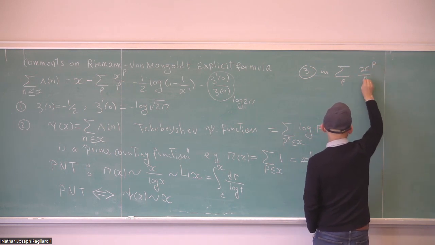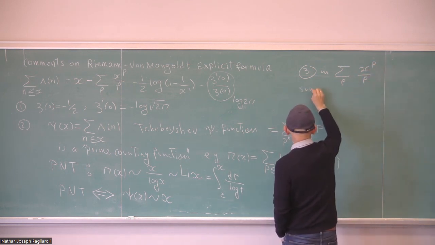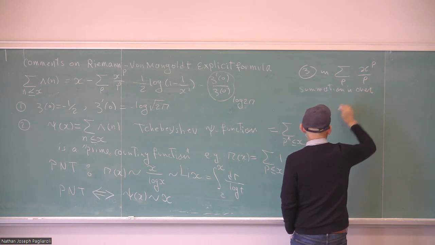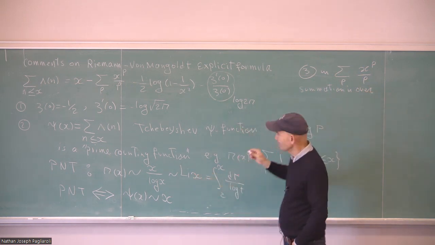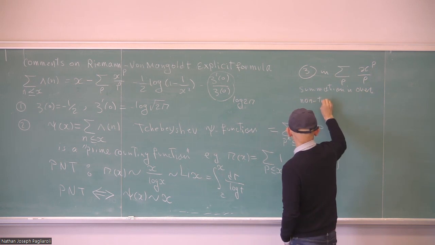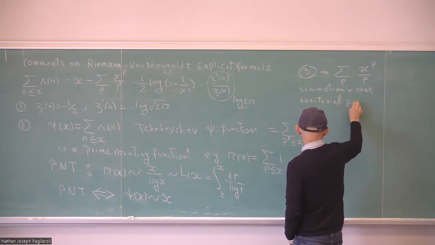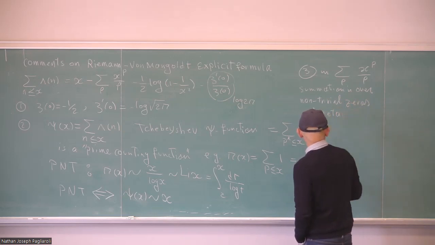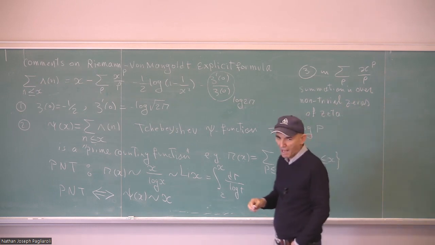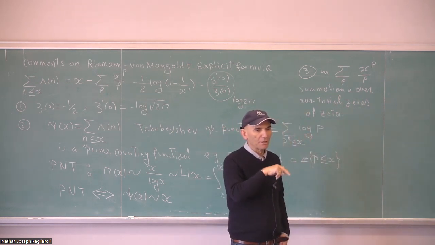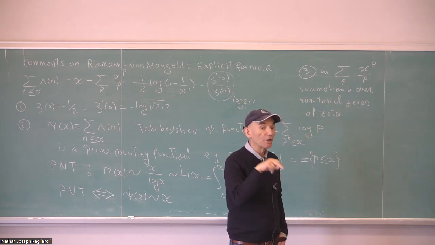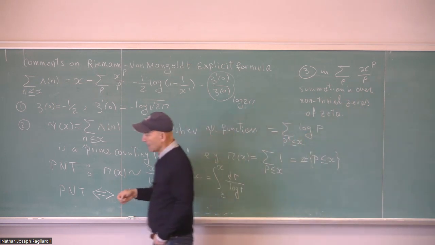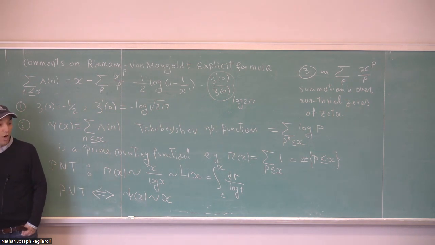In x over rho, the summation is over non-trivial zeros of zeta. In other words, the real part has to be between 1 and 0, including 1 and 0, though, because we don't know yet if there are no zeros on the line real part of rho equal to 1 or 0.